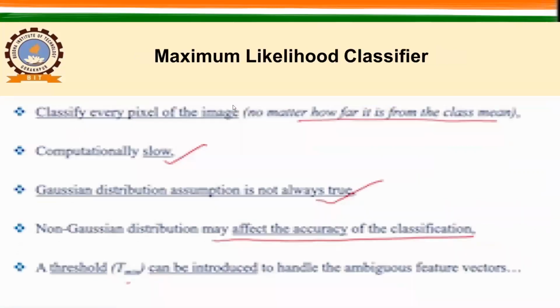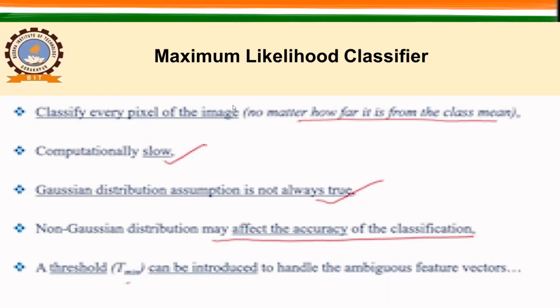So in the maximum likelihood classifier, each pixel is classified no matter how far it is from the class mean. It is also computationally slow compared to other techniques, and the Gaussian distribution assumption is not always true.